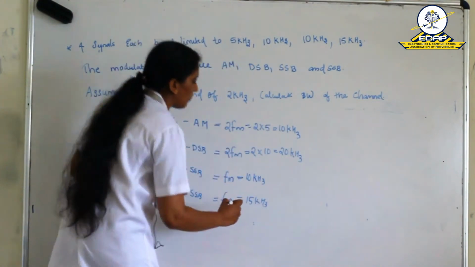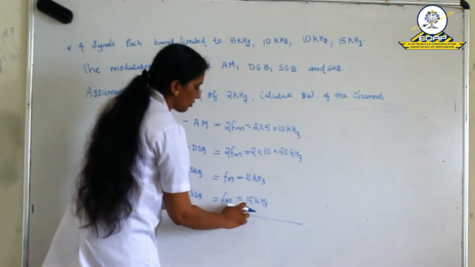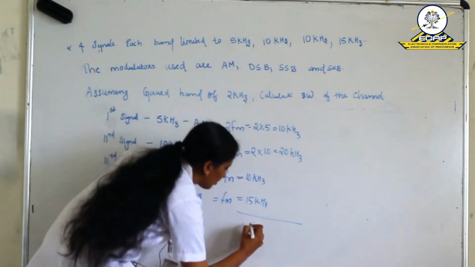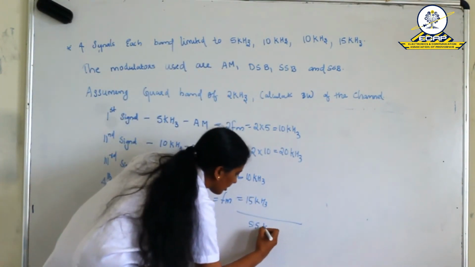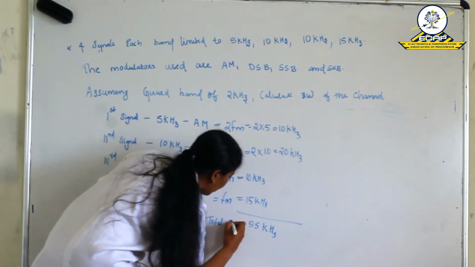So the total bandwidth required is 10 plus 20 plus 10 plus 15, that is 30 plus 25, that is 55 kHz. This is the total bandwidth.